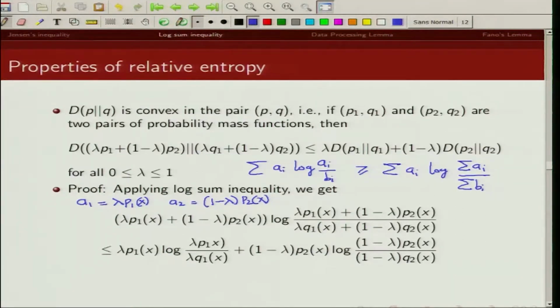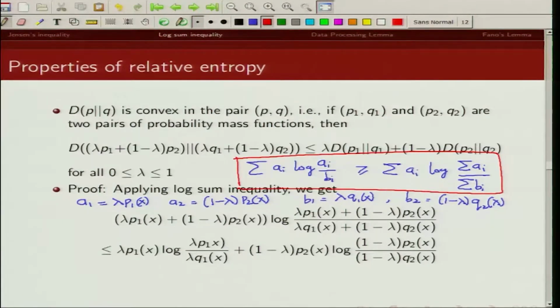Similarly, let us take b1 to be lambda times q1(x) and b2 to be 1 minus lambda times q2(x), and plug in these values of a1, a2 and b1, b2 into our log sum inequality.